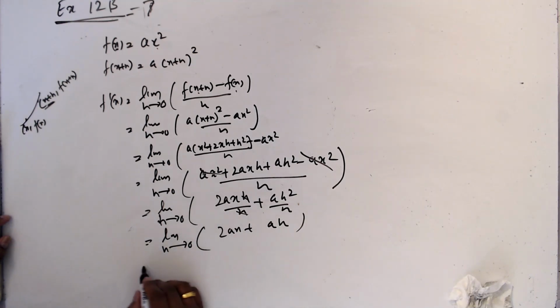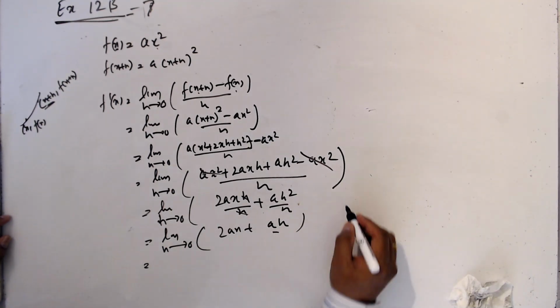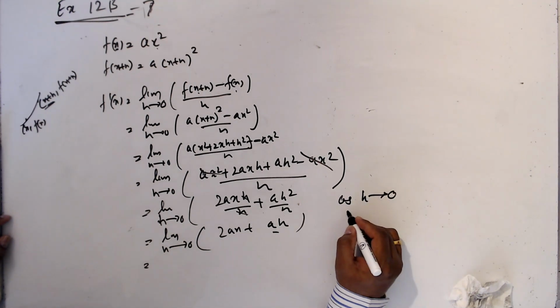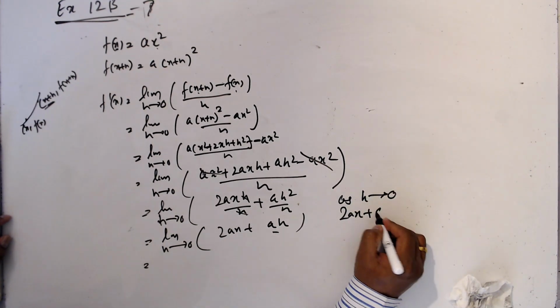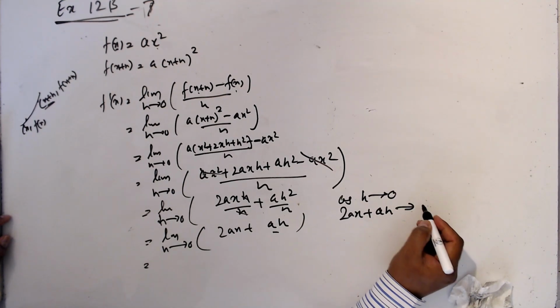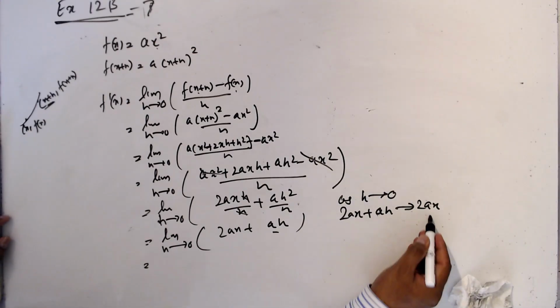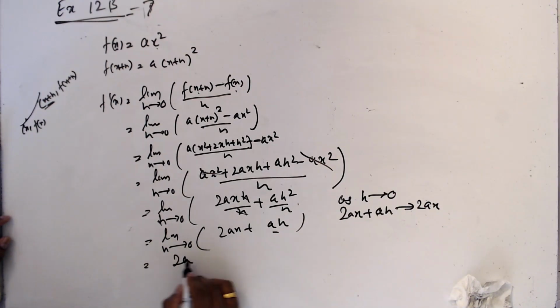Now as h goes to 0, 2ax plus ah goes to 2ax, because ah becomes 0, so the answer is 2ax.